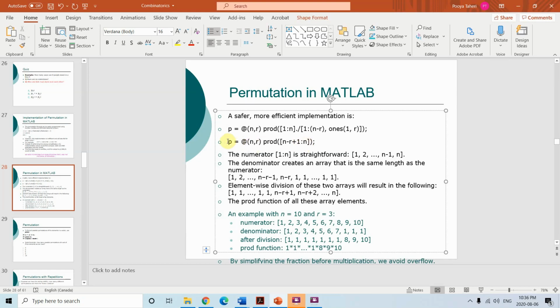So this is the easier way of finding the permutations in MATLAB, instead of doing all these calculations and then dividing by n minus r factorial. Either of these would be efficient, but this is definitely way more efficient. You have to make sure that your n is bigger than or equal to r, excuse me.